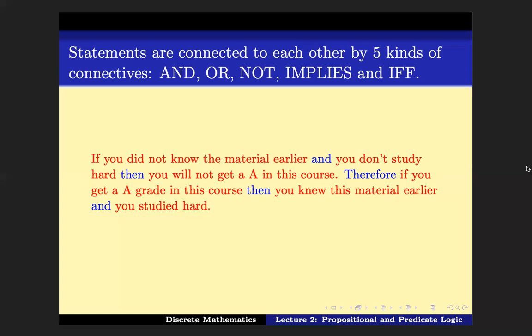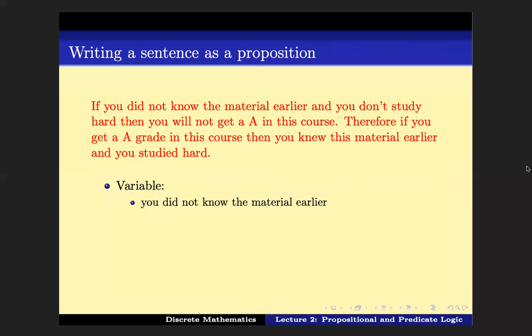That is an English way of saying it, but mathematically what is happening? Don't think of these as variables like X and Y; think of these propositional statements as the variables.